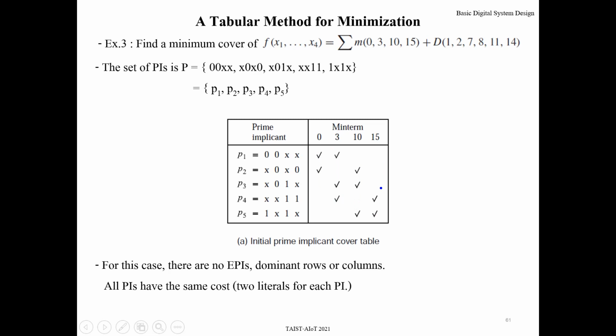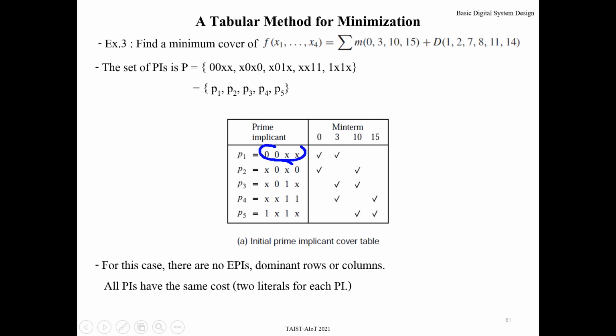So what should I do? Okay. If you cannot find any essential prime implicant, dominated row or dominating columns, so what should I do?